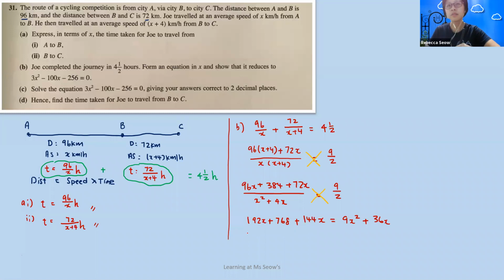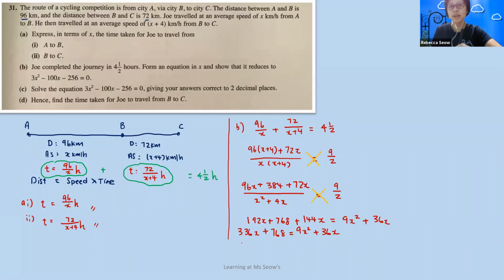Then at this point, we will simplify 192x together with 144x. Both can be combined to form 336x. 768 remains. Okay, now I'm going to form the quadratic.